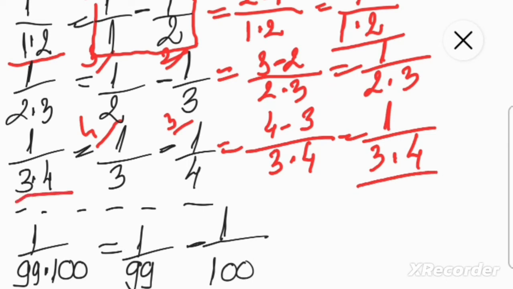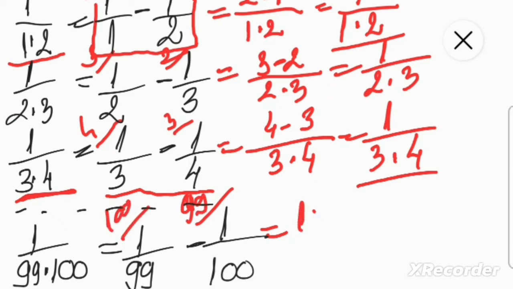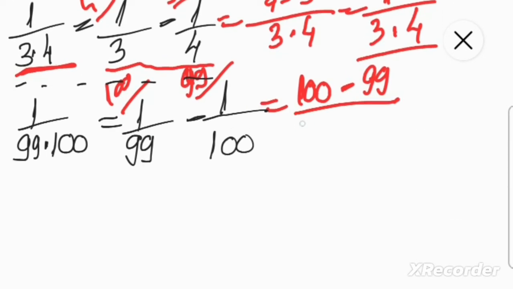The same fraction, yes? Only that in here we have another way to rewrite our initial fraction. So in here also we have 100 minus 99 over 99 multiplied by 100.